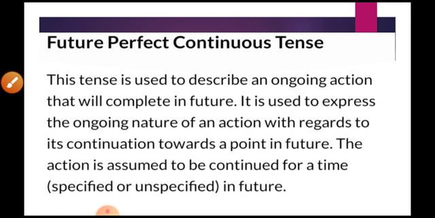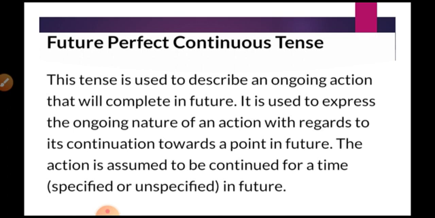Now we will discuss future perfect continuous tense. This tense is used to describe an ongoing action that will be completed in future. It is used to express the ongoing nature of an action with regard to its continuation towards a point in future.